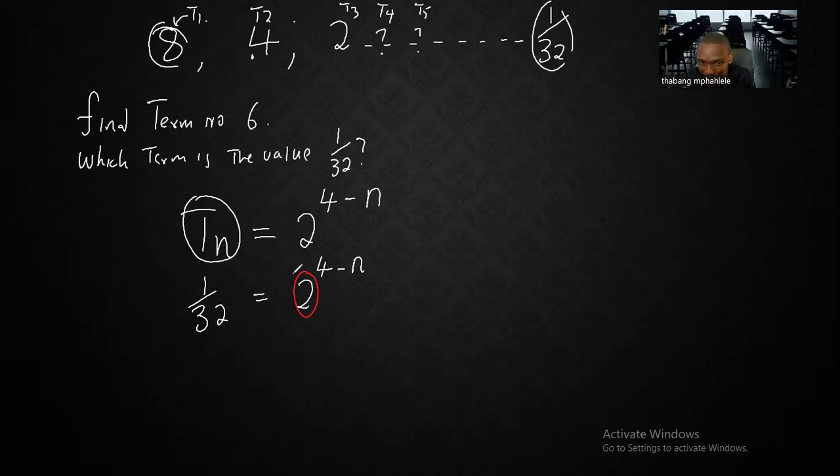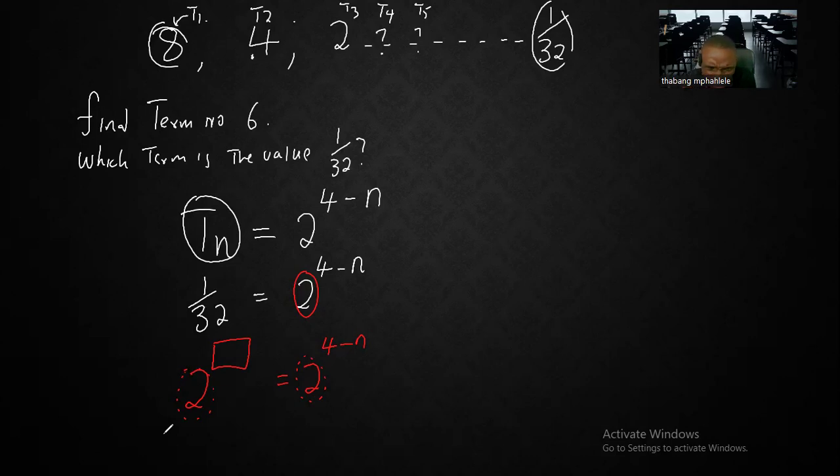You try to make the base on the left to be the same as the base on the right. So can we say 1 over 32 is 2 to the exponent something, which is going to equal 2 to the exponent 4 minus n? I want the base to be the same, guys. So I have to find a way of writing 1 over 32 as 2 to the exponent something.